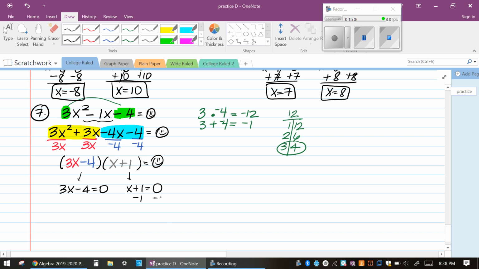This one's easy because you just subtract the 1. The other one, you're going to have to do a little bit of work. You have to cancel addition and subtraction first, and then divide. Does 4/3 reduce? Nope. So it stays as 4/3.